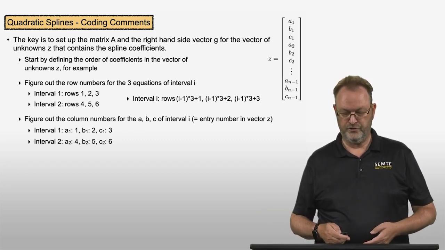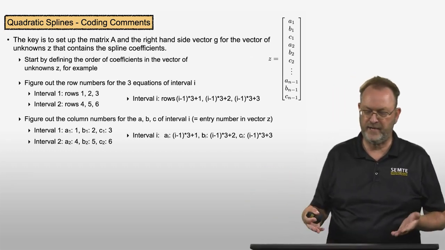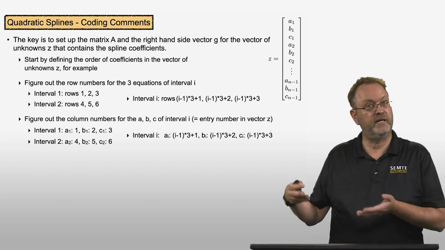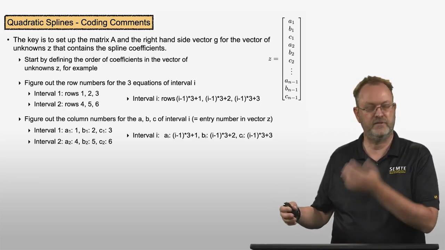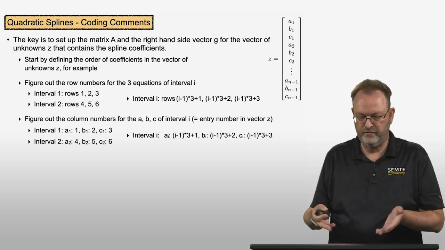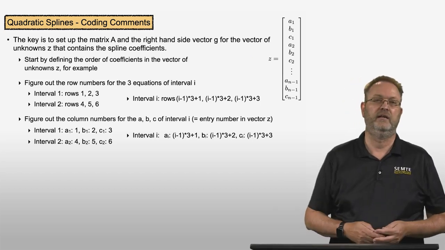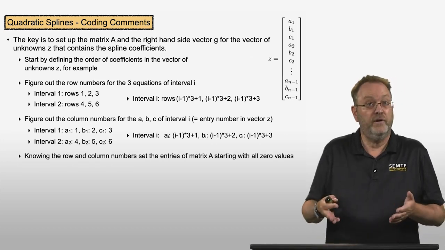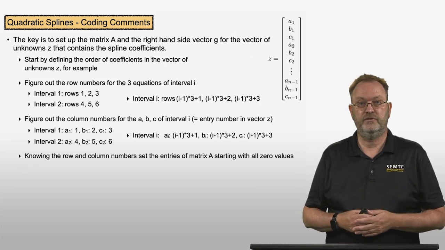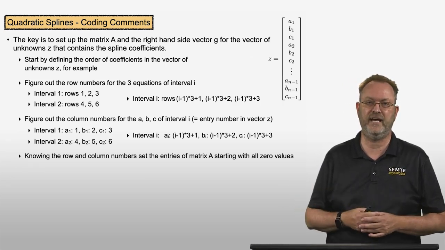So if we go to interval I, that means that ai is at I minus 1 times 3 plus 1, bi at plus 2, ci at plus 3. And if you plug in interval 2, I equal to 2, you find that this gives you 4, 5, 6, like we identified before. Now, knowing the row and the column numbers sets all entries of the matrix A.